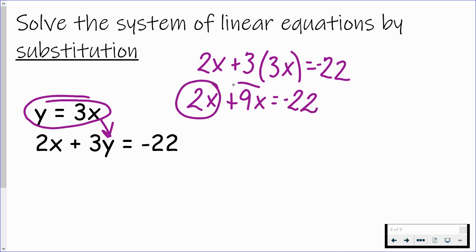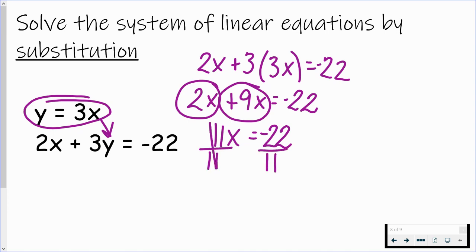These are on the same side, so I add them together. 2x plus 9x is 11x equals negative 22. Now I'm going to divide by my 11 to get my variable by itself. And I have x equals negative 2. Now again, my solution is always an ordered pair, so now I need to substitute that negative 2 into one of my beginning equations.